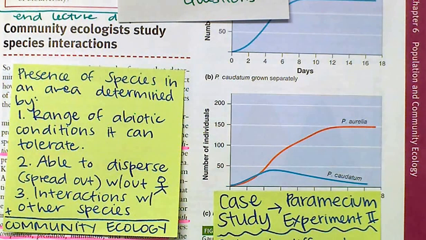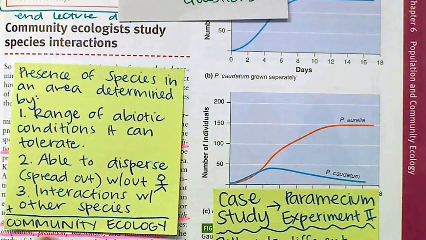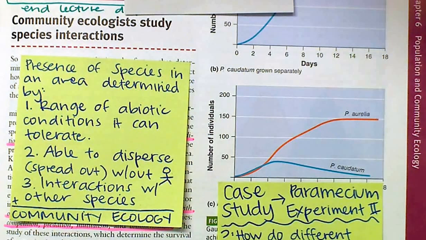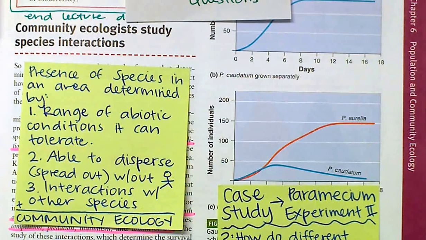And then number 3 is interactions with other species. All of these together make up this term called community ecology. So basically these 3 factors work together and determine if a species is going to be able to live in a habitat or not.